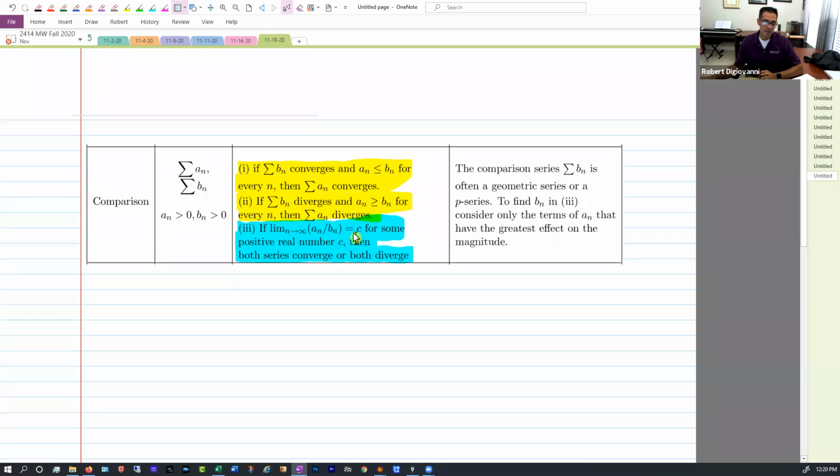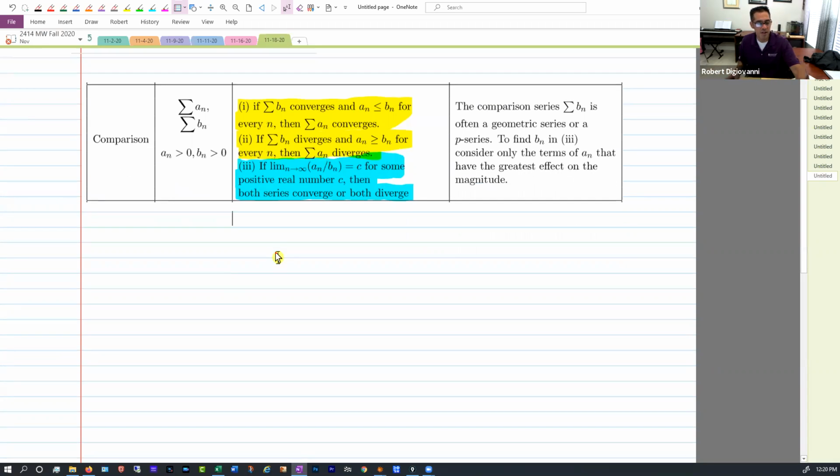And if that turns out to be a number, so this has to turn into a positive real number, it can't be infinity, then whatever one series does, they both do. Okay, so let me show you this in action. Let's take the problem we just did.